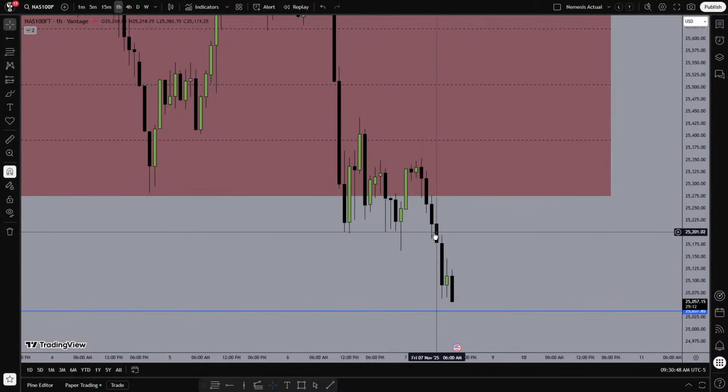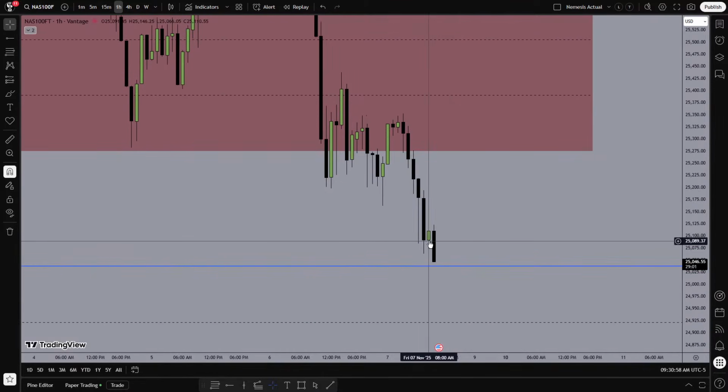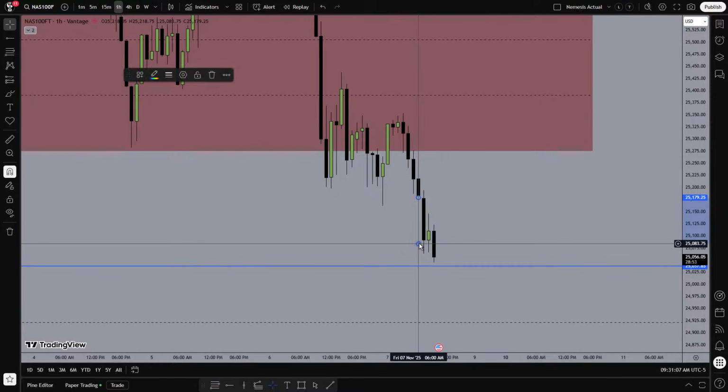In terms of fair value gap, there's nothing until we get to, well, right about there. And I would note this big wick. That's pretty much it.